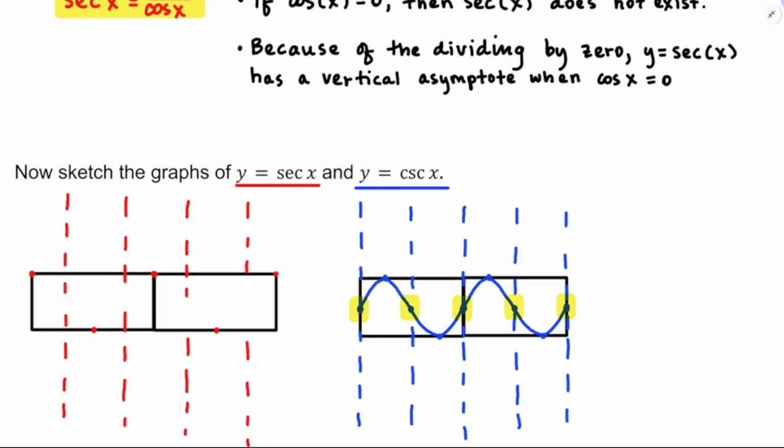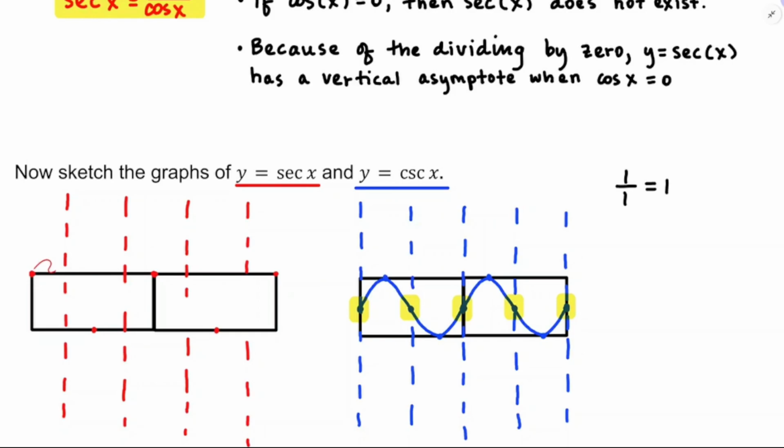I'm going to leave certain key points, and I'm going to remind you that 1 over 1 is equal to 1. And that's relevant because at the top of the box that we've drawn, the top of the window, this is where cosine and sine are equal to 1. So that means that secant and cosecant are also going to equal 1.